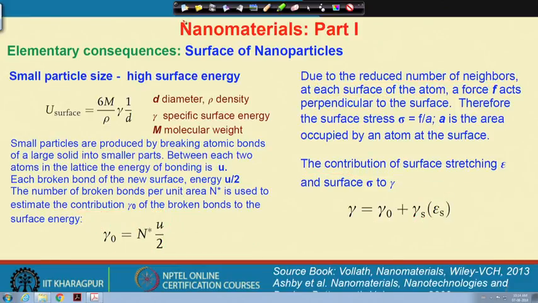So, the net surface energy has two major contributions: one comes from the broken bonds and another comes from the stretching, or the surface stress. These two components are very, very important.